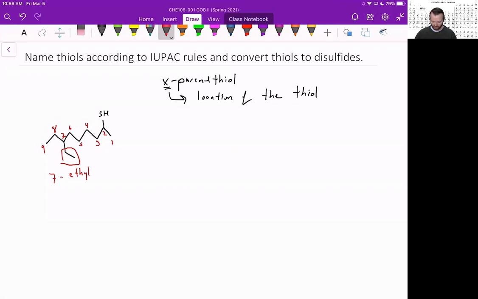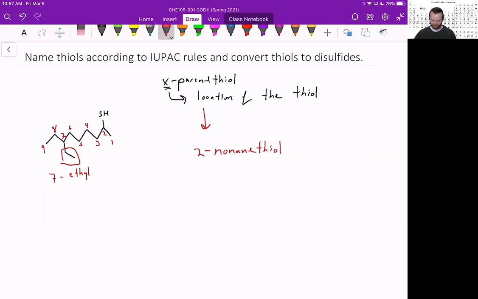But using that guideline, there's the thiol, the SH, or the sulfhydryl, as it's sometimes called if you see that. This would be 2-nonane, and then you add thiol to indicate that there's an SH group on the number 2 carbon.